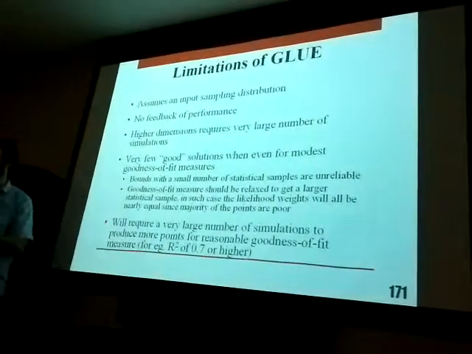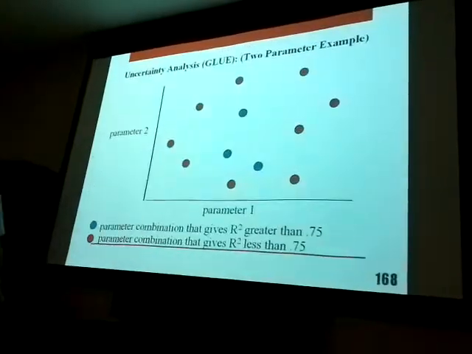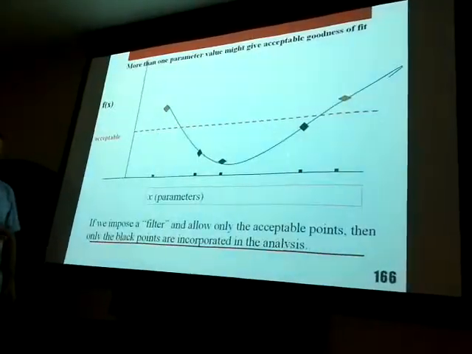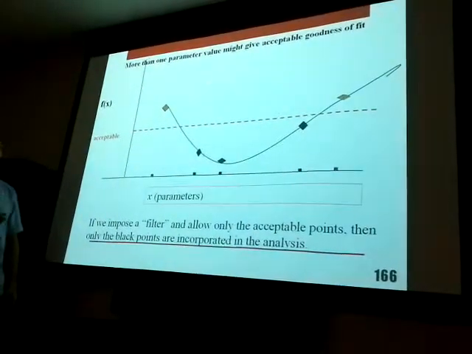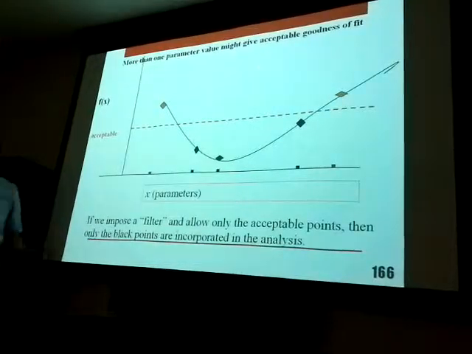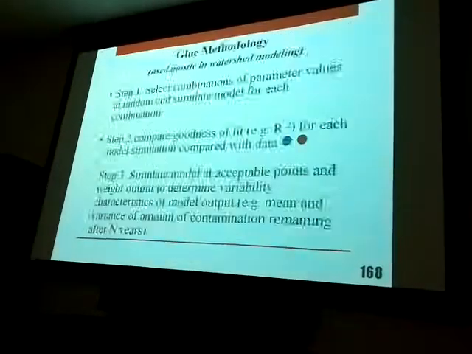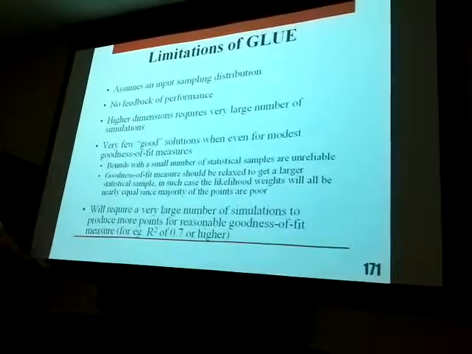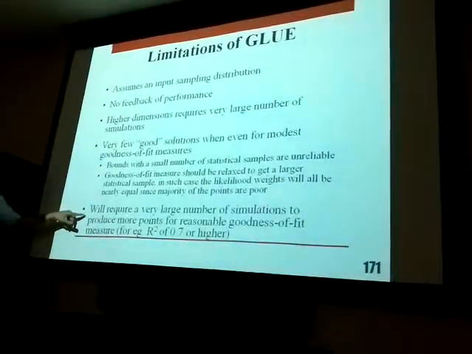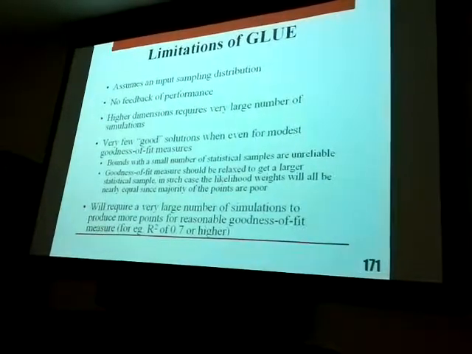Sometimes we get very few good or acceptable solutions. So meaning a lot of times we just get things that are down here and only one up here. We hope that we have 10 up here, right? But most of the time we only get the ones down here. And in this case, it would require a very large number of simulations to produce any number that are acceptable.